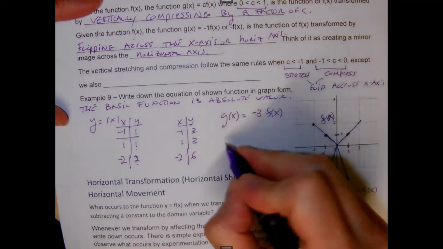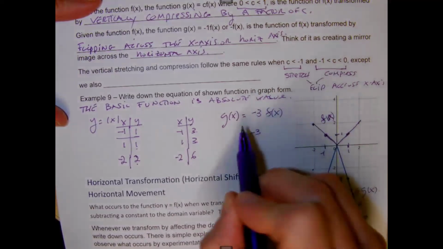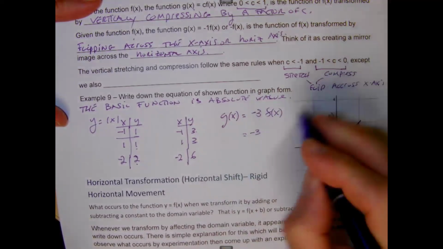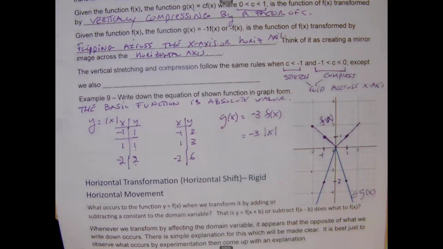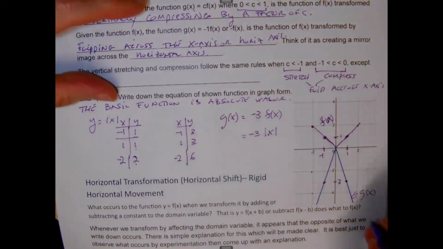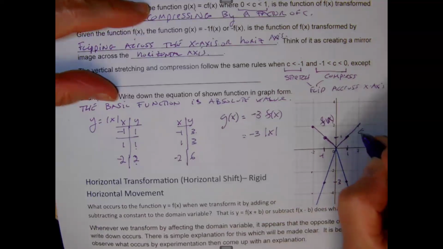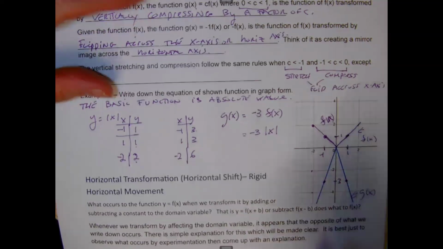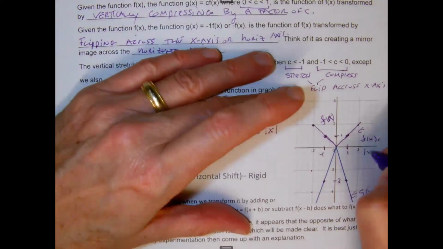So this function, g of x, is just -3 times the absolute value of x. And this is assuming that this original one here is f of x, which equals absolute value of x.